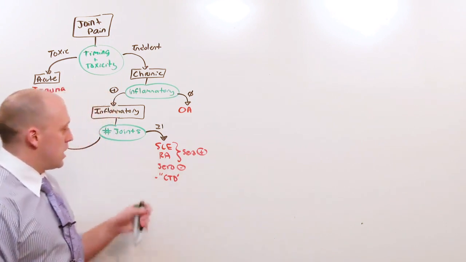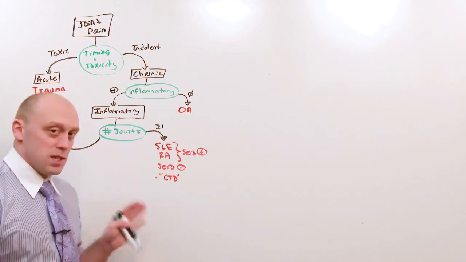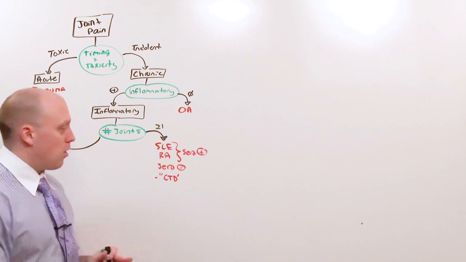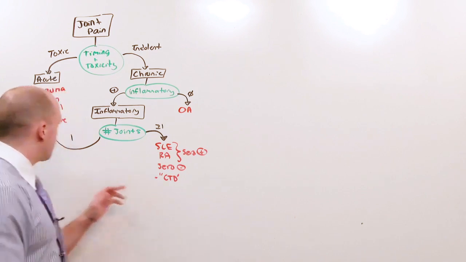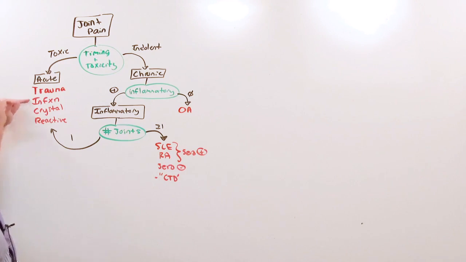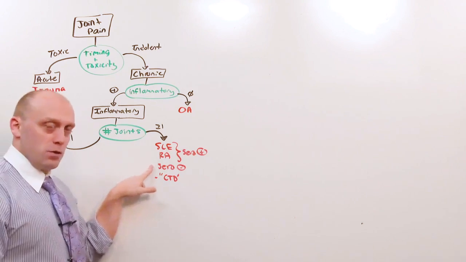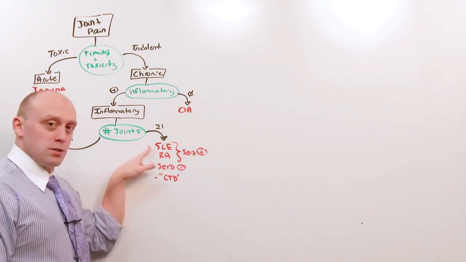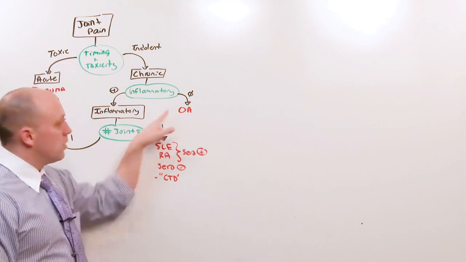But this is to remind you that the diseases that are going to present with joint pain are either going to be on a short list: crystal disease, infective disease, monoarticular arthropathies, seronegative spondyloarthropathies, or the seropositives, lupus or RA, or osteo.